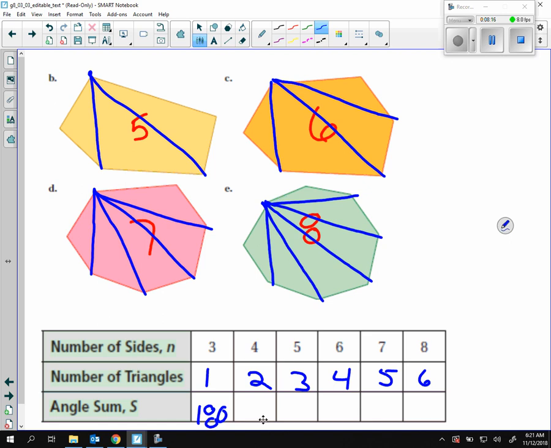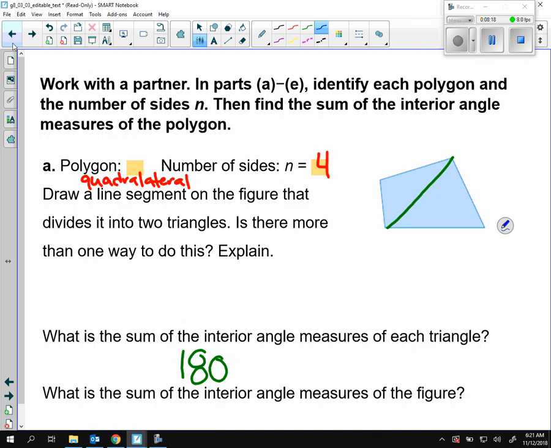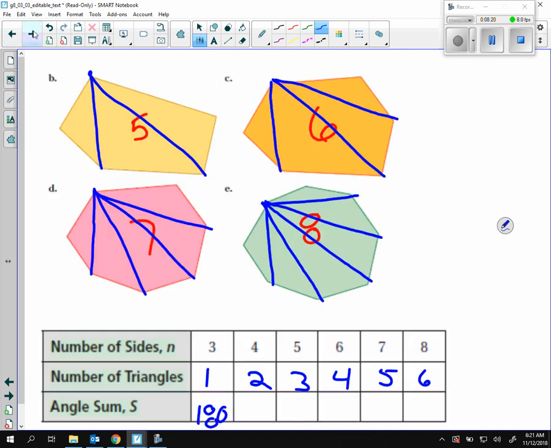And then because a quadrilateral, like we showed back here, has 2 triangles in it, those measures will add together to be 180 times 2. So following that pattern, fill in the rest of this table.